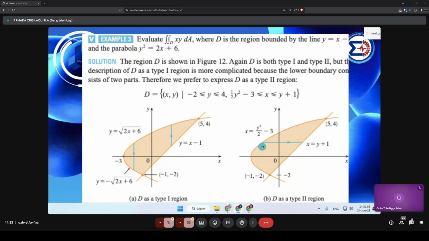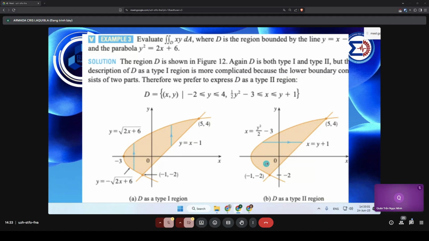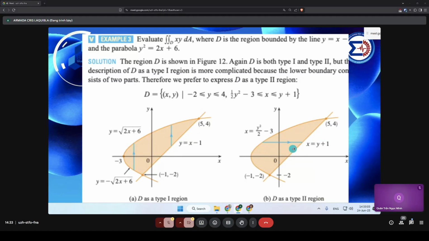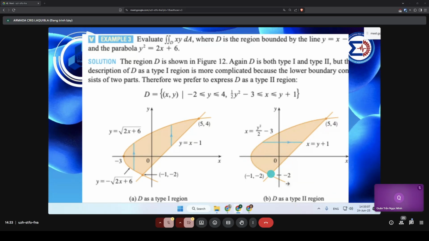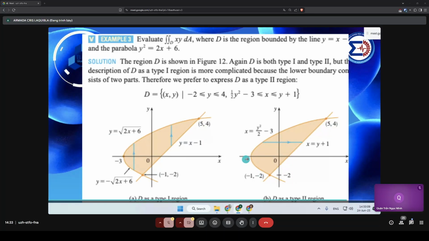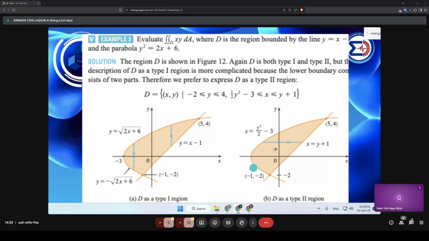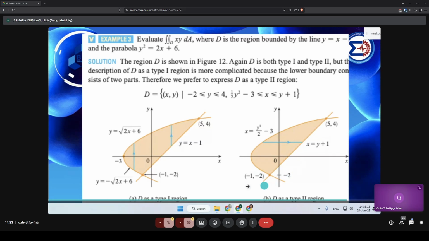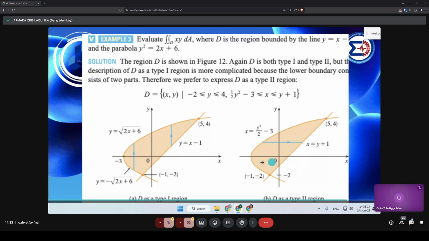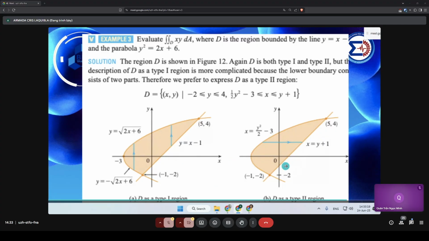Now if we are going to solve it from left to right, it's only one, right? As you can see, all the points here going to the right. So only one line, right? And that's it.